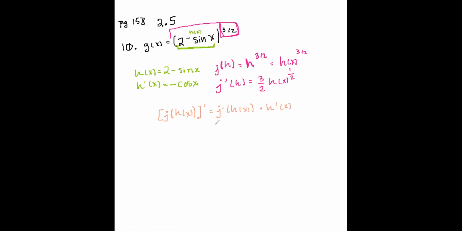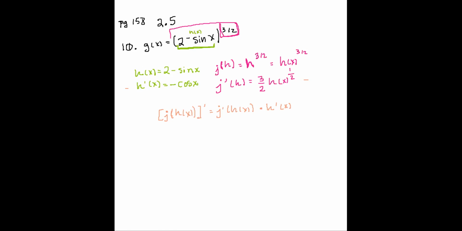So what I need is J prime and H prime, both of which I have solved for up here. And then I also need H to fill this out. That's the difference between this and the product rule too, because I don't actually need this to solve the problem. It's just one of the steps of getting to the point where I can solve the problem.